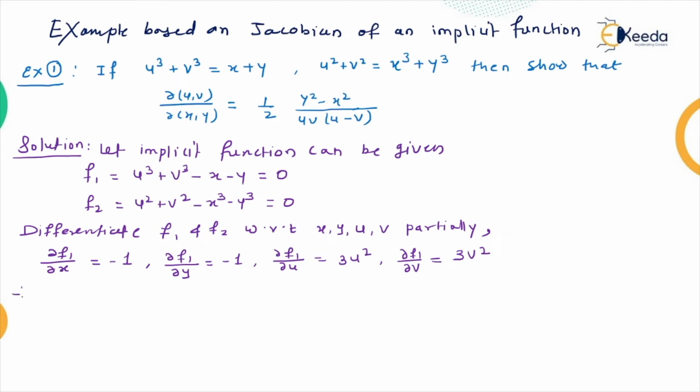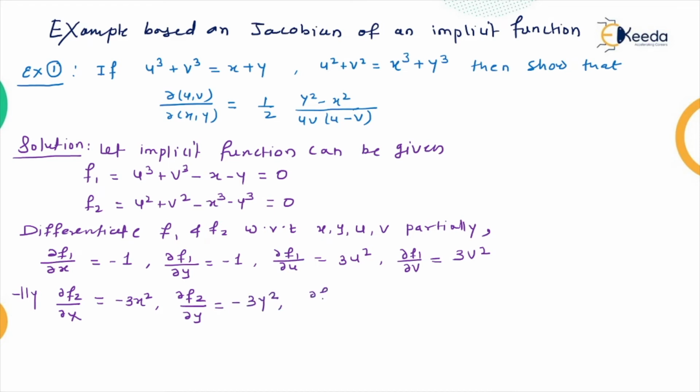Similarly, ∂f2/∂x takes the value minus 3x square, keeping other variables constant. ∂f2/∂y, differentiation of f2 with respect to y partially, will be minus 3y square.